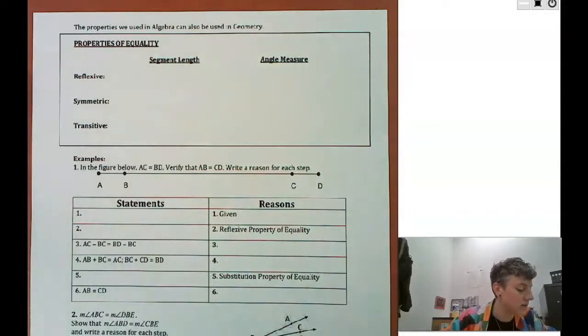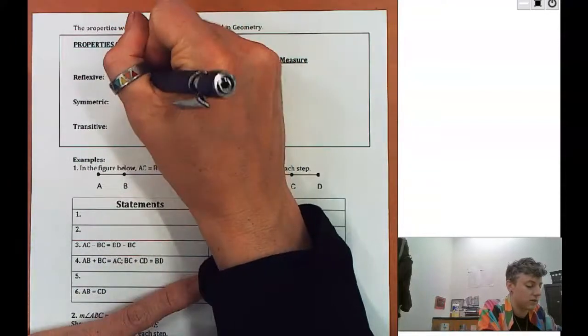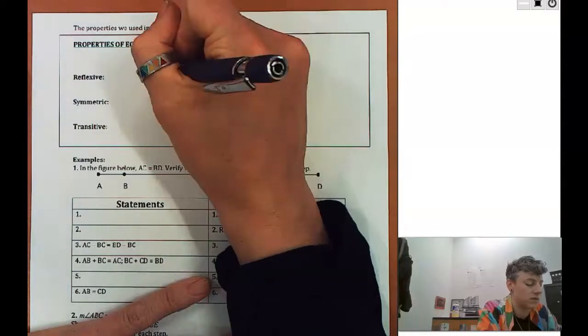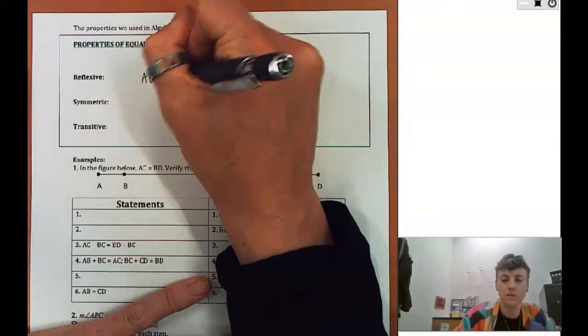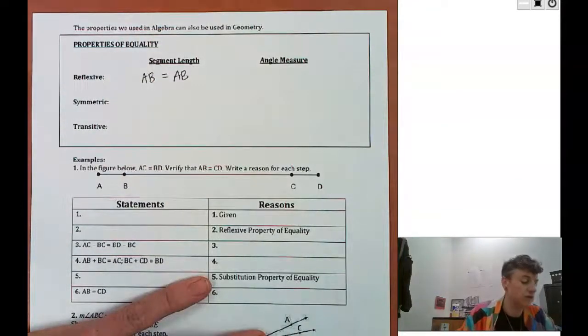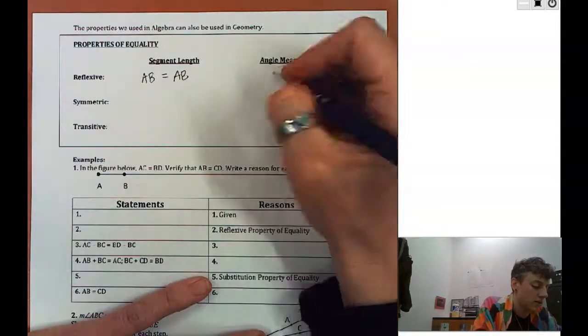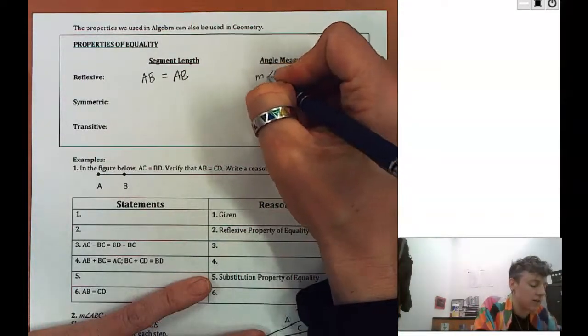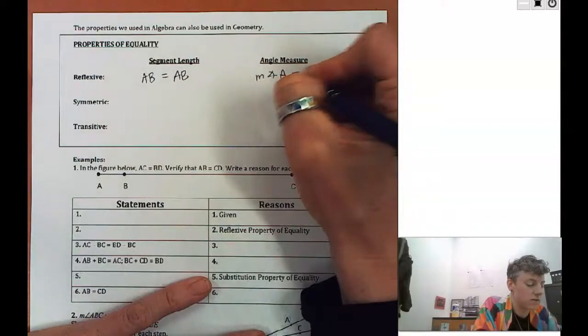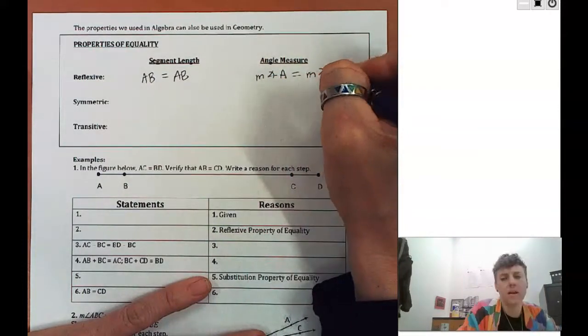So the reflexive property of segment length, what does reflexive mean? Something is equal to itself. So that'll be true for a segment. The length of segment AB will equal the length of segment AB. It's going to equal itself. That'll be true for an angle too. The measure of angle A will equal the measure of angle A.